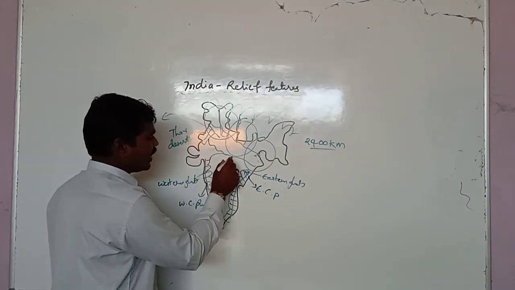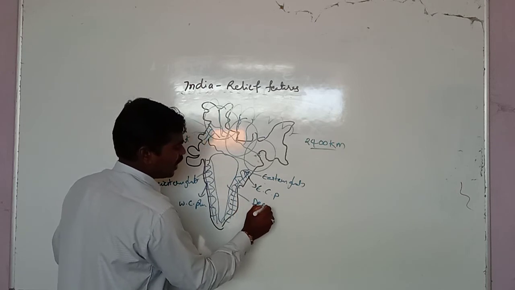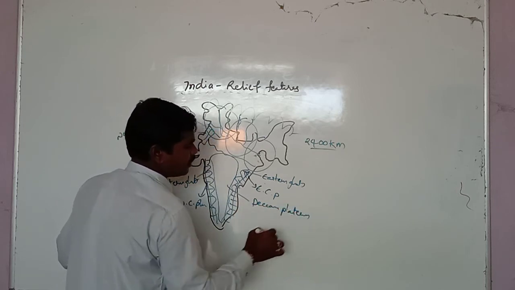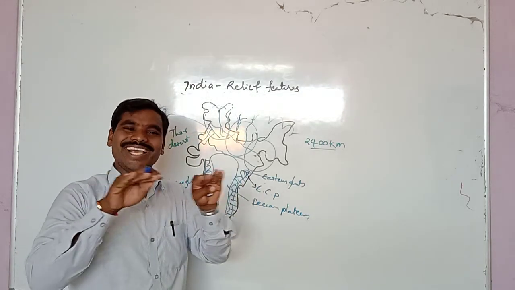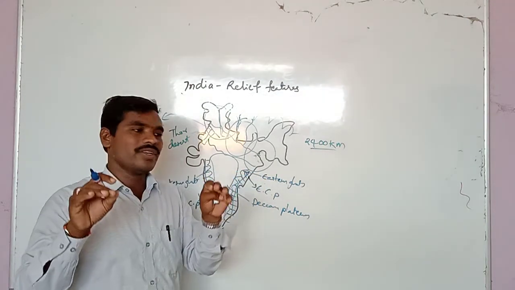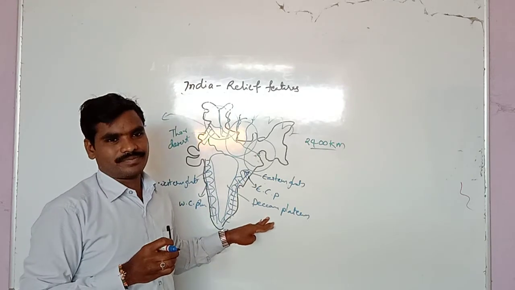After this, the middle area is called the Deccan Plateau. Do you know the Deccan Plateau? What is called a plateau? A high surface area which is smooth and has rocks and small hills.